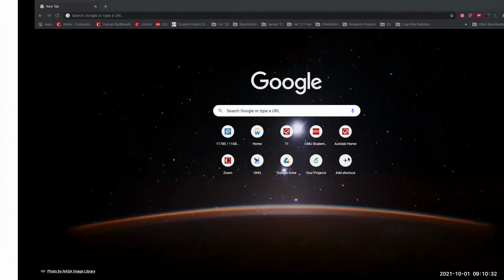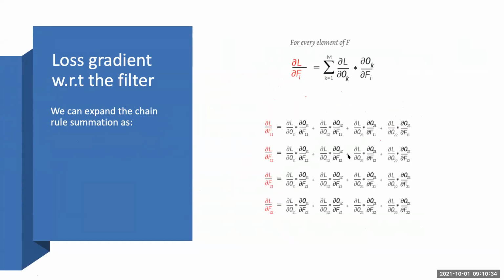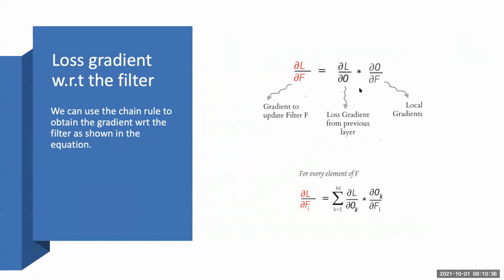So sorry, that's basically what we're saying here. And because it's a matrix, you would do an element-wise chain rule operation and sum it up to get the gradient with respect to the entire filter.